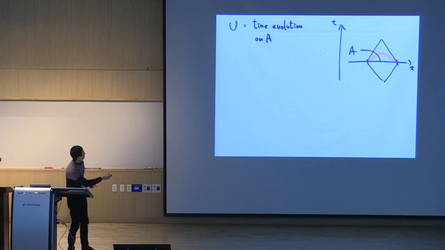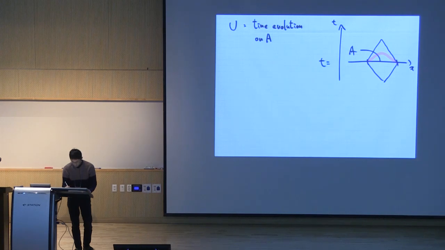Region A is originally defined at, say, t equal to 0. So this is t equal to 0. But you can take some other time slice.